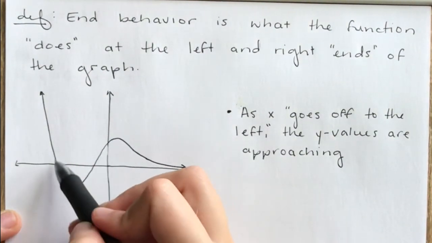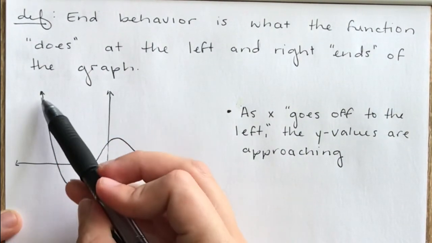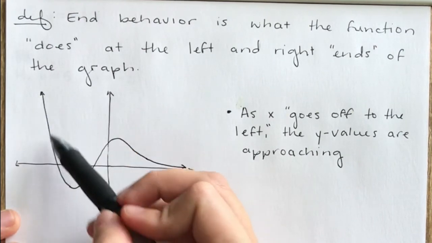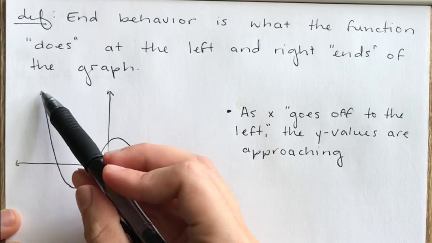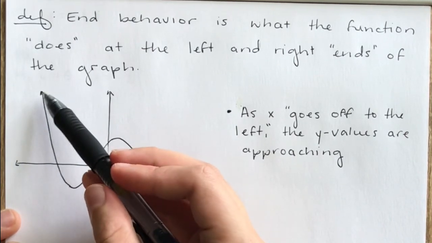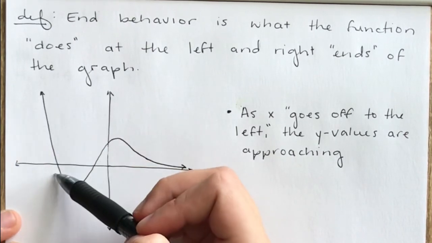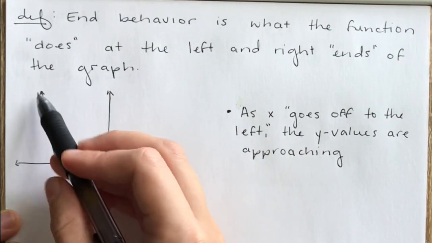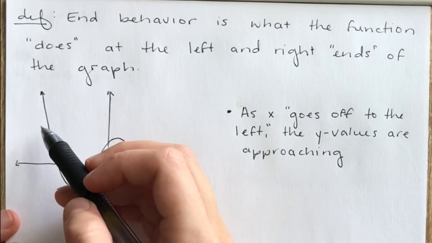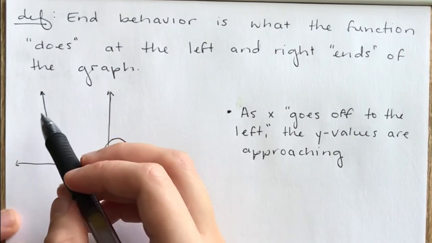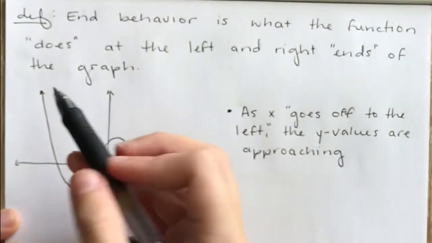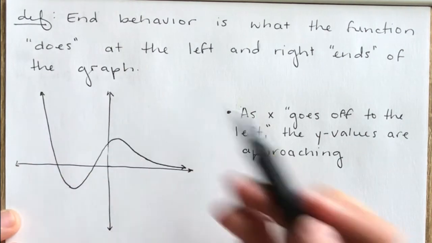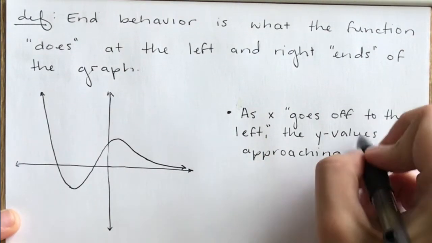So as we move off the graph to the left, what's happening with the y values? Well, looks like the y values are getting really, really large, right? And if we have this arrow pointing up this way, we can assume that it's going to continue in that direction. So the y values are approaching what? What's a more mathematically accurate name for getting really large? They're approaching infinity, right?